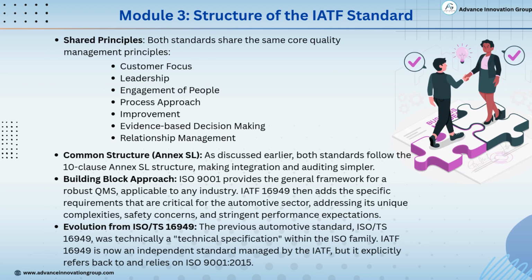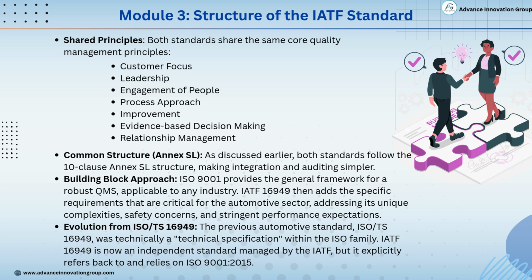This slide explains the foundational relationship between ISO 9001 and IATF 16949. Shared principles. Both standards are built on the same quality management principles. These include customer focus, leadership, engagement of people, process approach, improvement, evidence-based decision-making, and relationship management.